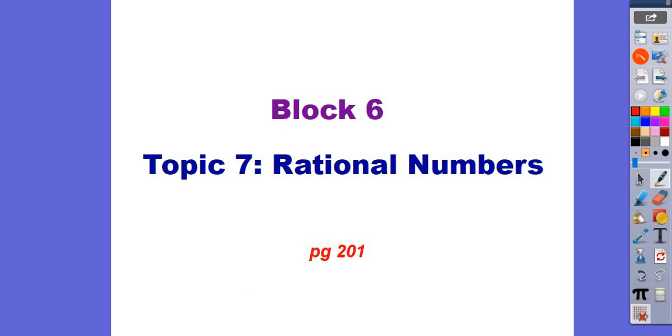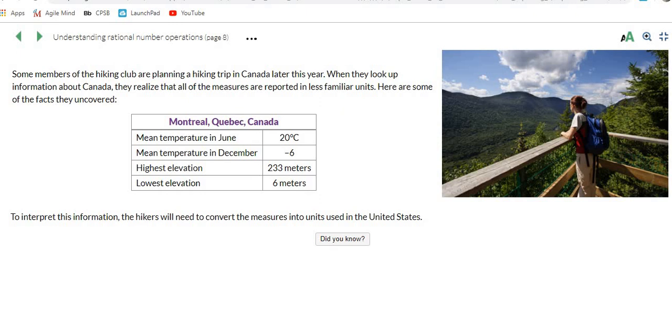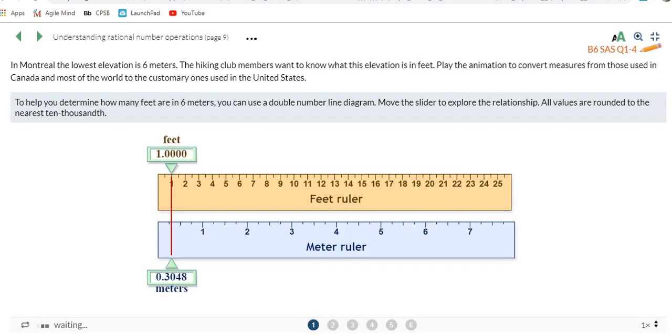So, first, we are here. Obviously, this is not an accurate representation, because is that as long as this meter ruler? No. But we're looking at the differences.